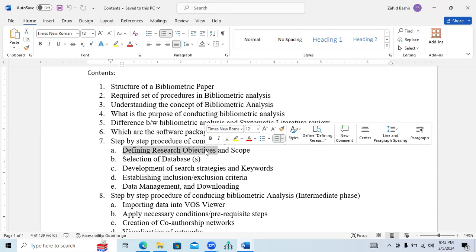But if your research objective is to identify a specific research domain within different countries, you can also make them different from each other. So it depends upon your research objective or scope, whether you would like to combine them or not.